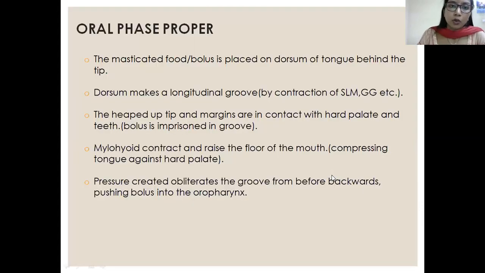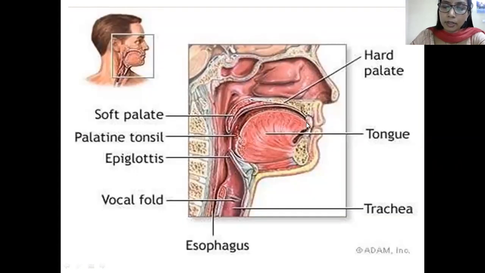Yes. So the oral phase proper starts when the masticated or readied bolus is placed on the dorsum of the tongue behind the tip. So the dorsum of the tongue makes a longitudinal groove. So you have seen that the tongue is like this.